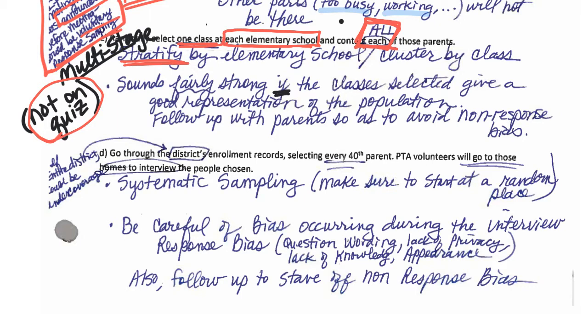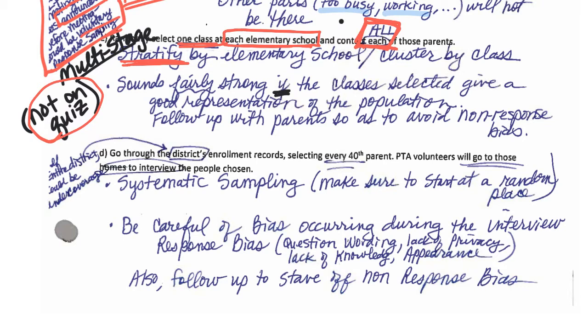So the strata that they took, they then clustered it so that they could get all of it. I guess they intended that one of the classes in the elementary school would be representative of that entire elementary school.